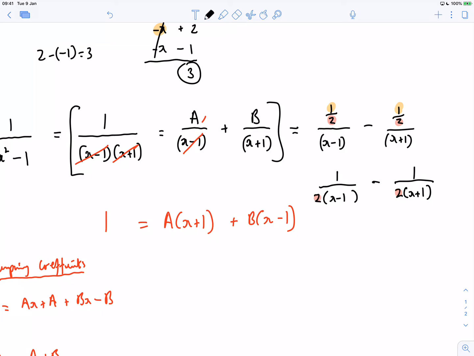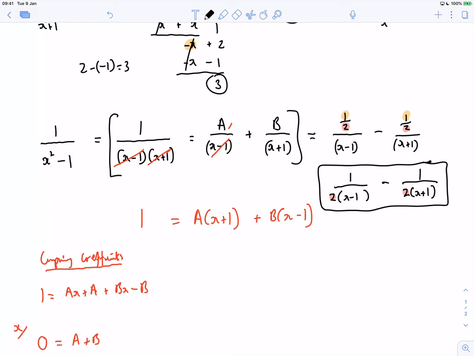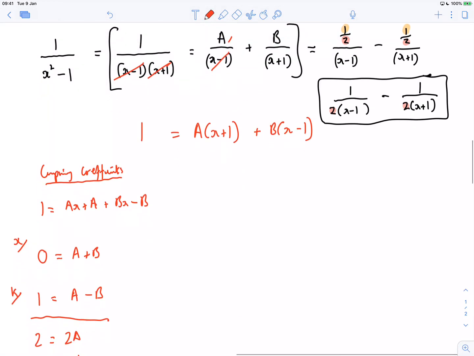So this is actually 1 over 2 lots of x minus 1 minus 1 over 2 lots of x plus 1. So I've now successfully decomposed 1 over x squared minus 1 as 1 over 2 lots of x minus 1 minus 1 over 2 lots of x plus 1. The other method, really quickly, is when we use substitution.